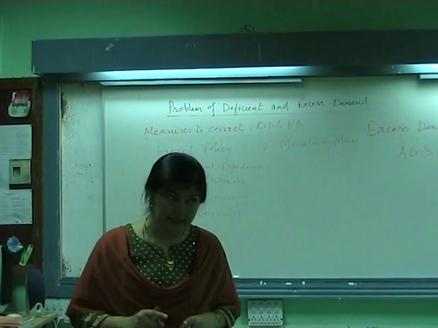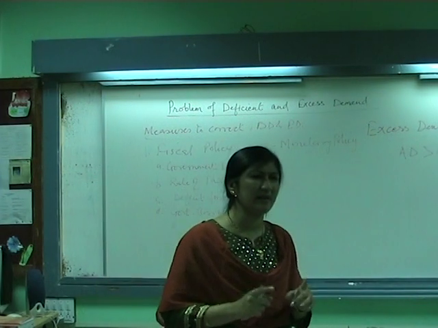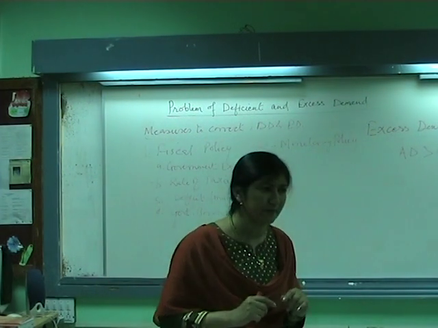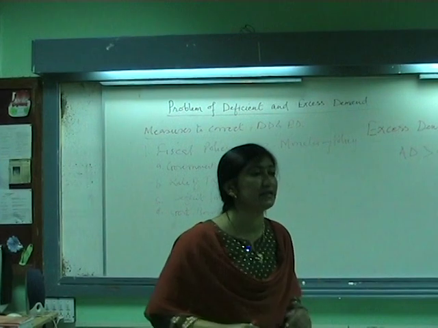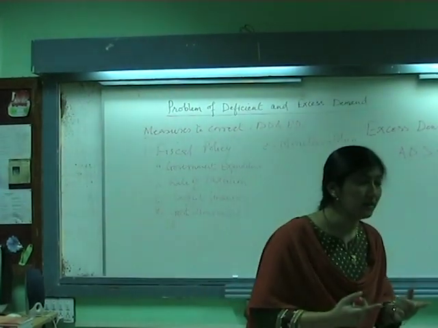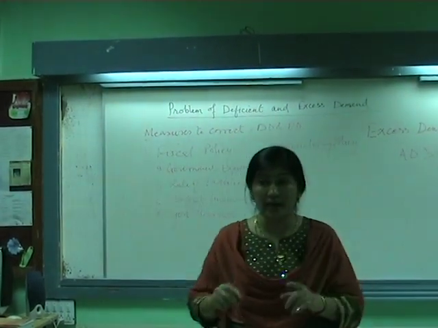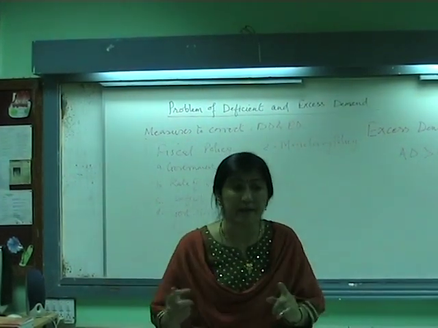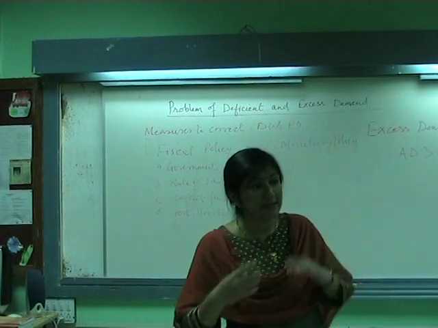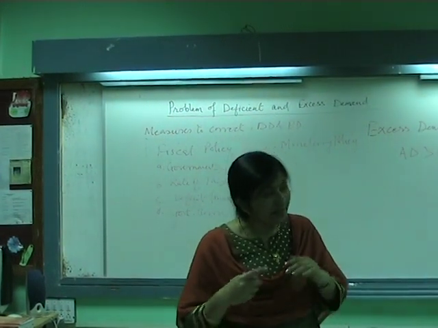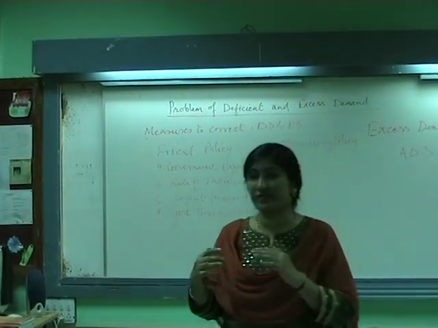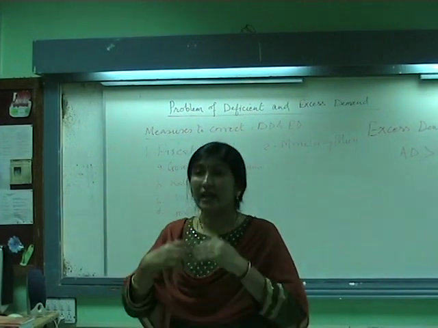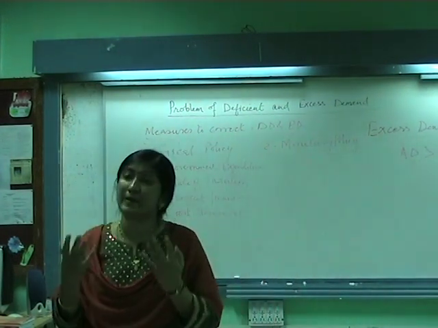Aggregate demand is less. Somewhere in the economy there is lack of income, lack of money. People have less money and that's why they are not able to spend it. So the first aim in this period will be to increase the level of income in the economy. So what will happen to the expenditure? Will it increase or lessen? Increase. During the situation of deficit demand, there will be an increase in government expenditure.